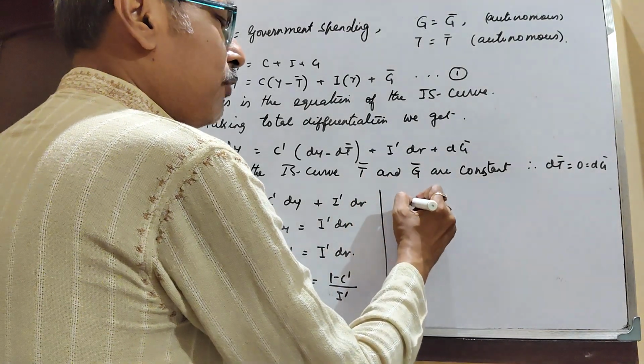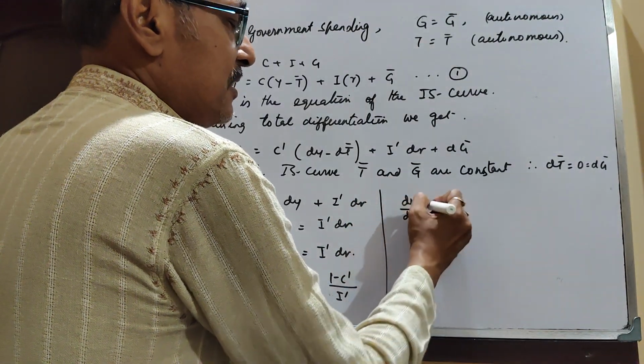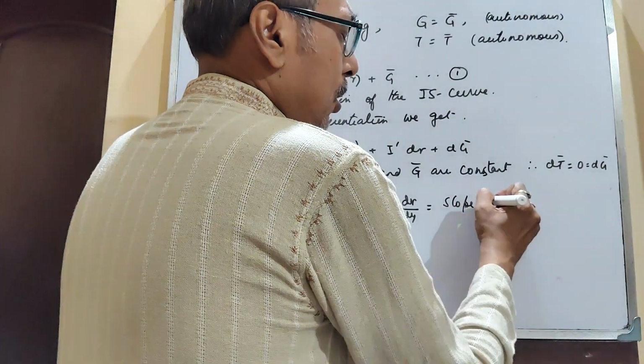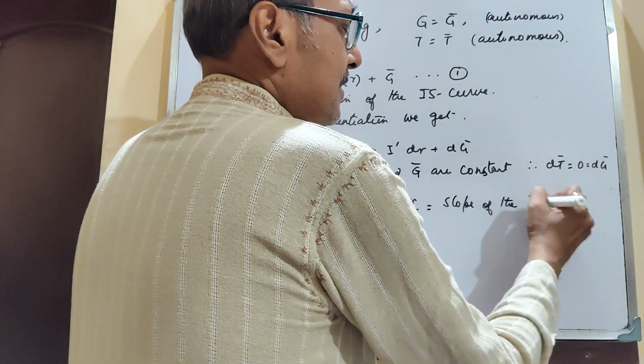Now dr/dY is considered as the slope of the IS curve. This is the slope of the IS curve.